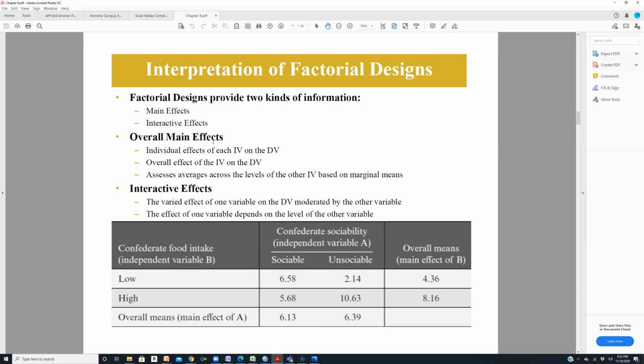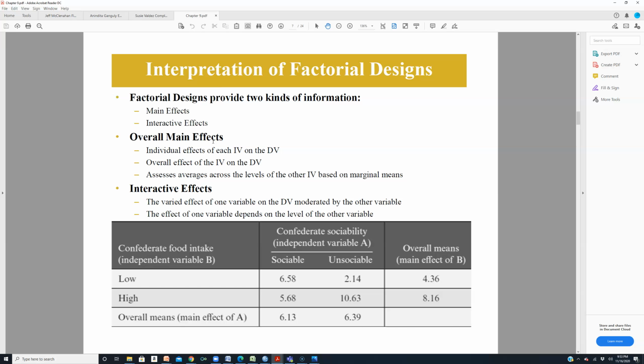When I'm looking at a main effect, my main effect is my research question that relates to one IV, as if the other IV is not even in the study. So what is the effect of the sociability status of my peer on my food intake?